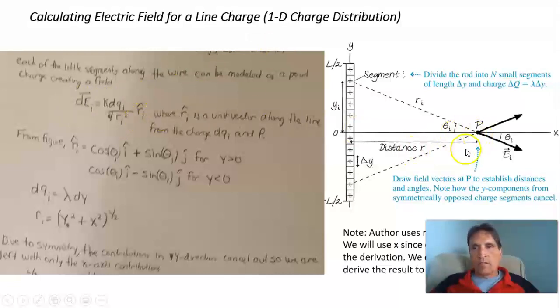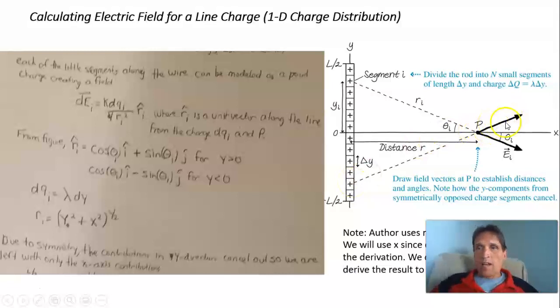And this is along the unit vector r̂_i, which specifies that the direction is along the line from this increment of charge to point P. So in this case, r̂_i would point along this direction.